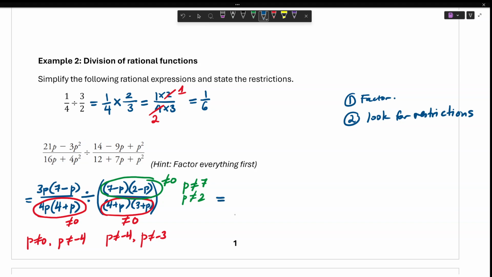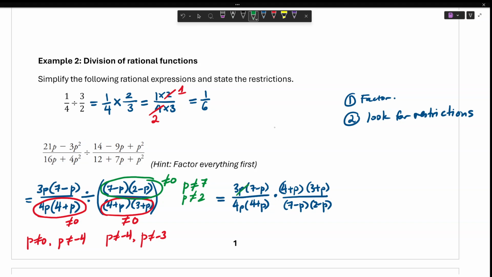So now let's actually do the algebra to simplify. So we're going to keep the first fraction the same. We're going to flip the second fraction, so that's 4 plus p, 3 plus p, over 7 minus p, 2 minus p. And then we're going to cancel common factors.